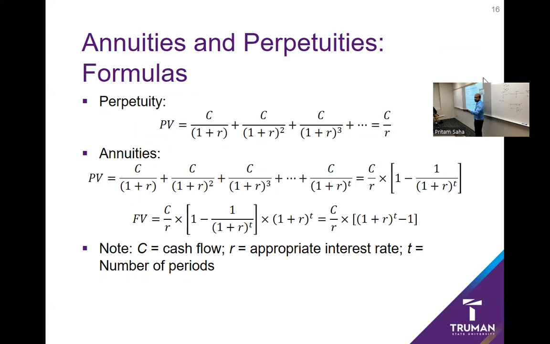Make sense? In theory, the C means the cash flows; in the financial calculator, it means PMT. This R is the discount rate, or required rate of return, which on the financial calculator is I/Y. This T is the number of periods. We have to be careful. Why?